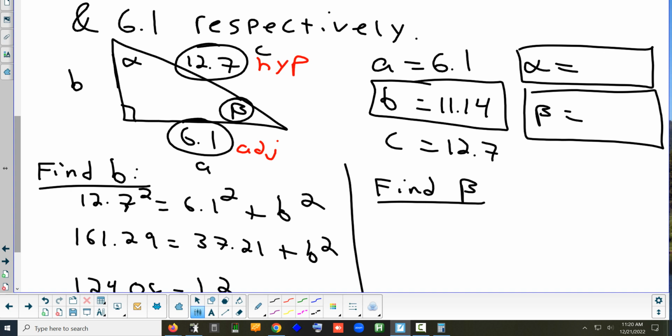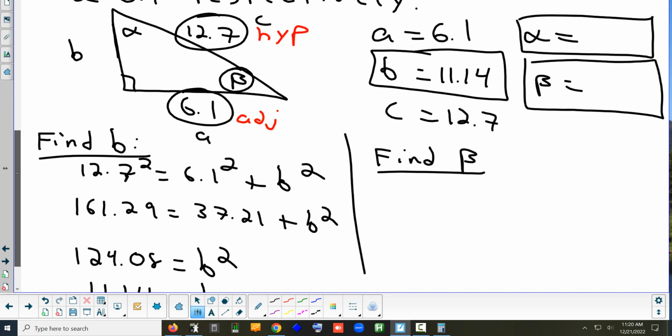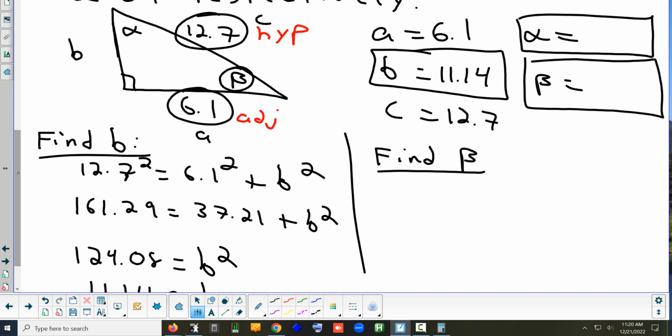So what trig function has adjacent and hypotenuse? Cosine, yep. And it's always the cosine of your angle. What's my angle going to be? Beta. That's where the variable is. Adjacent over hypotenuse.